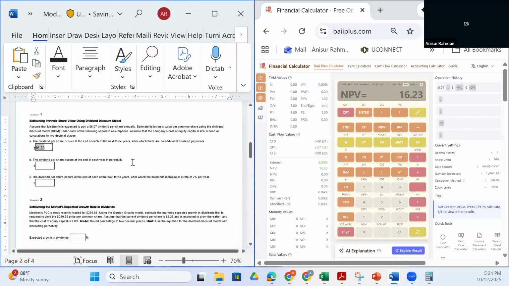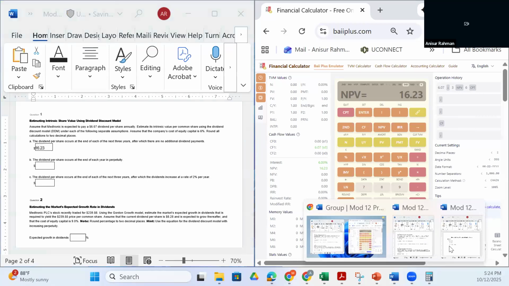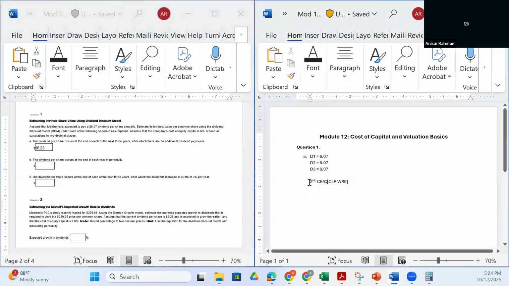The key thing to remember is how you clear the existing values in the CF function. First, you press the CF key, and then second, and then CE/C, which basically means clear work.